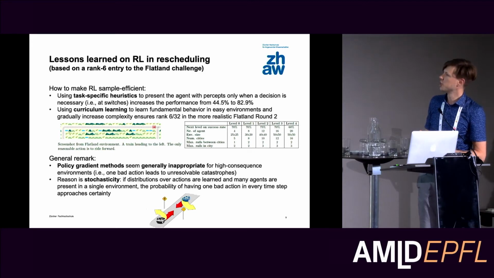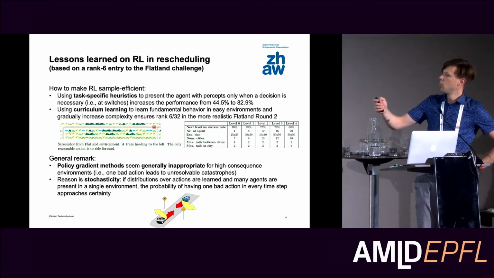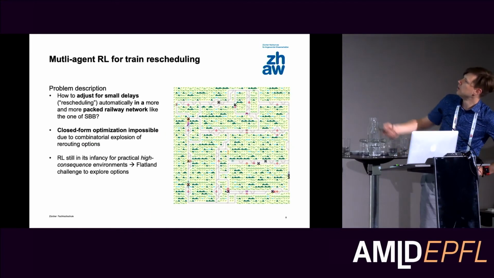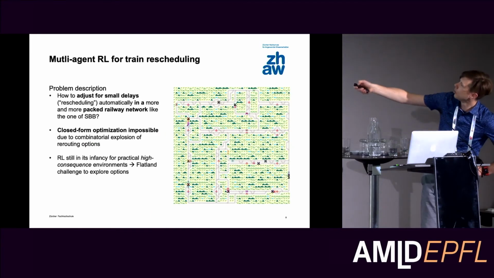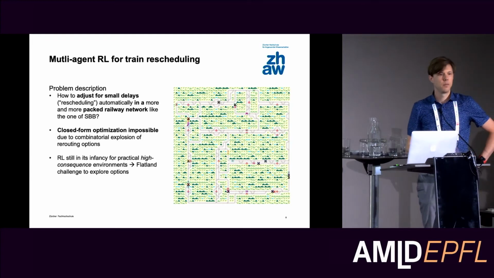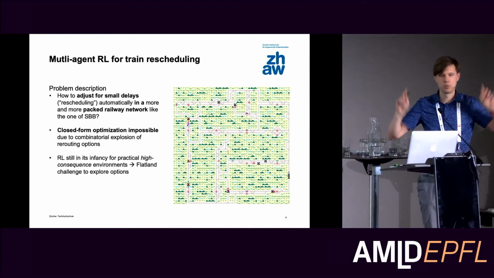in this competition. One thing we realized at the end is that potentially, if we do it a second time, we wouldn't use policy gradient methods again. Why? If you look at this image of a lot of tracks, switches, trains, train stations, there's a specific property here that my students called the high-consequence property.